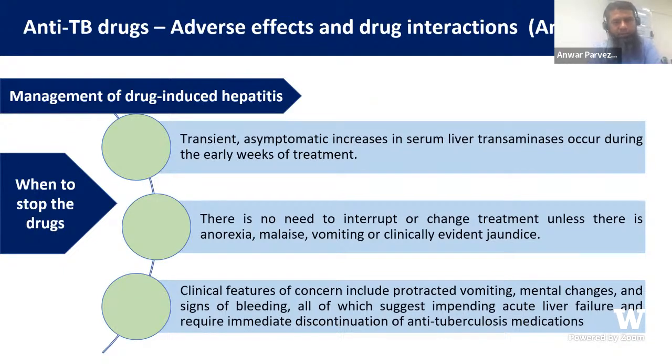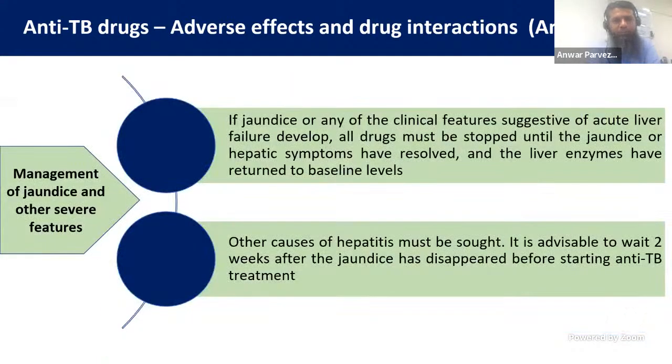If the patient has symptoms of GI upset, like vomiting, and jaundice, we can treat those patients symptomatically, but if it worsens further, then we have to take the decision to discontinue anti-TB medications in those patients. So if there is jaundice or any clinical feature suggestive of acute liver failure, then we must stop the drugs until the jaundice or hepatic symptoms are resolved.